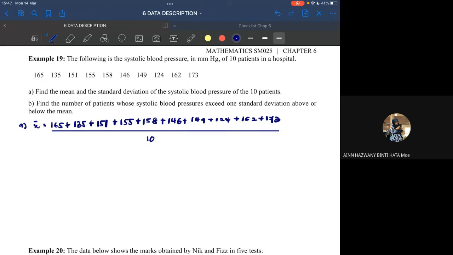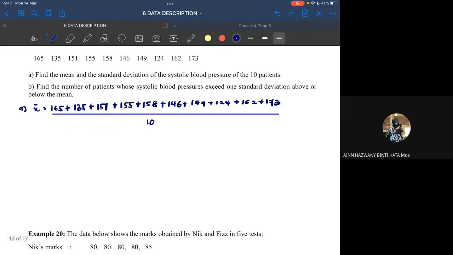Berapa? 151.8. Okay, thank you. Settle cari mean. Okay, so standard deviation, summation of X kamu berapa? 1518 lah.